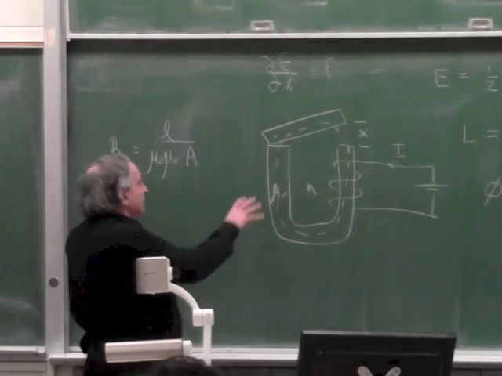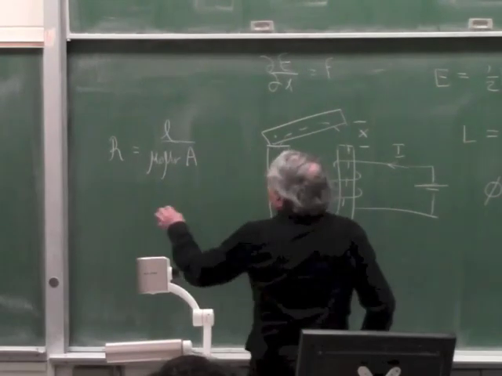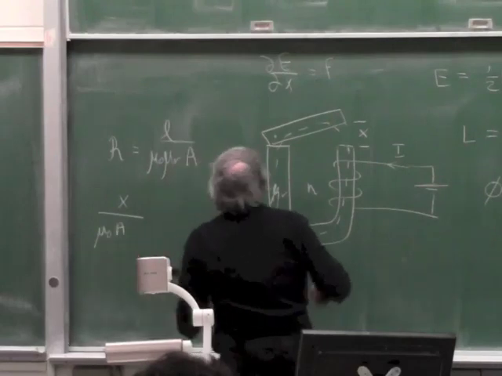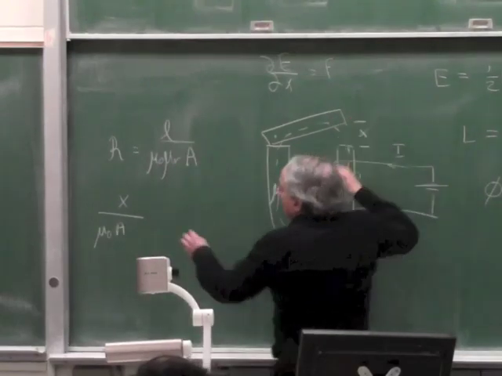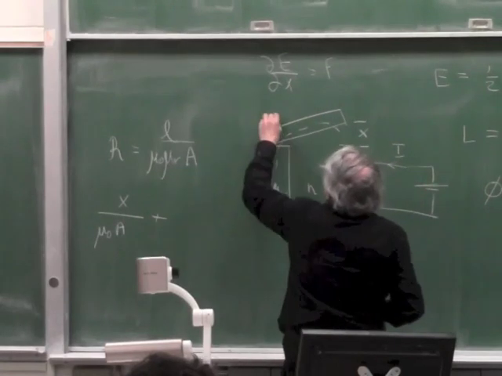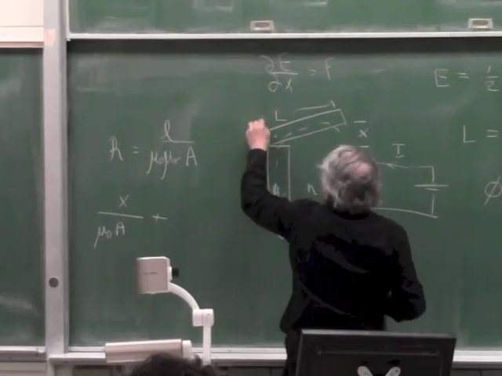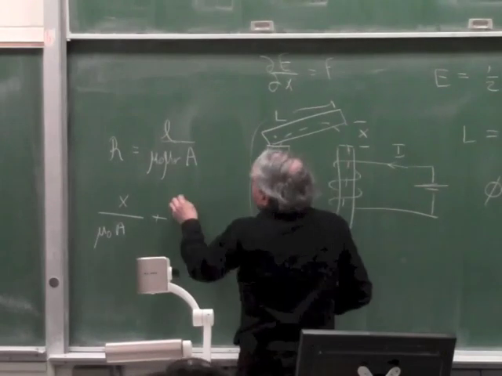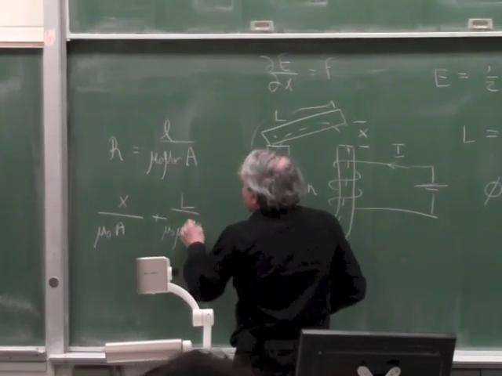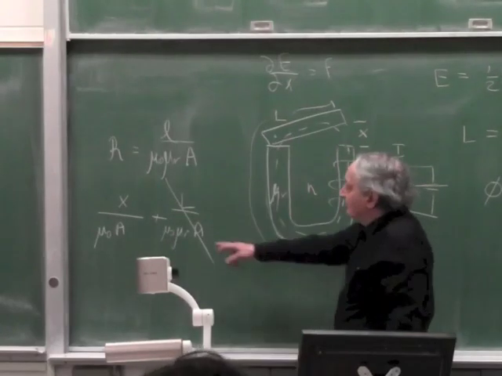So when we sum the two, x over mu 0 A, which is the air part, plus, let's call the whole path through the steel L, L over mu 0 mu r A, we can ignore this part because mu r is so big.